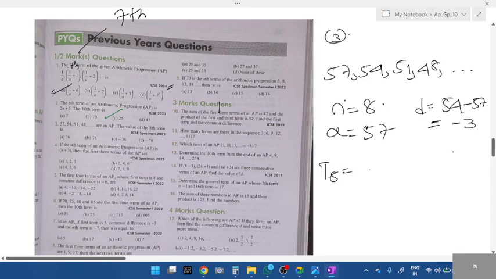Okay, try this question. Be quick. T of 8 is equal to a plus n minus 1 into d.